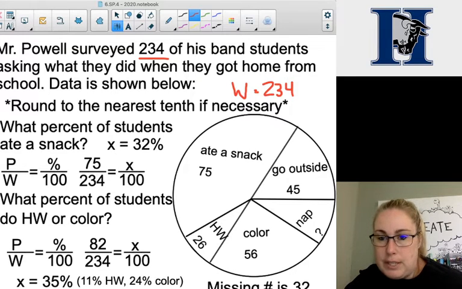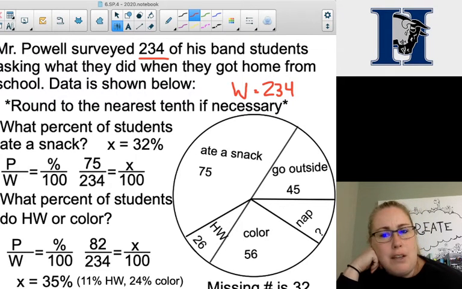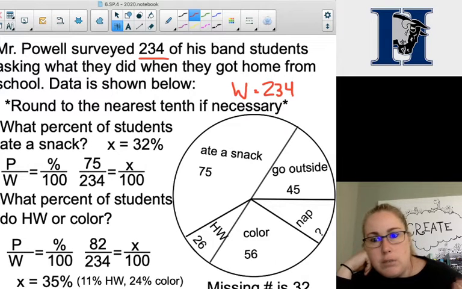So both of these things that I've just said, the lack of percent signs and the data definitely not equaling 100, should give you a little warning sign in your head that these are not percents. This circle graph in particular is not talking about percents. This is showing the actual number of students.